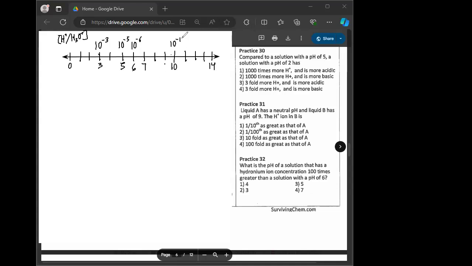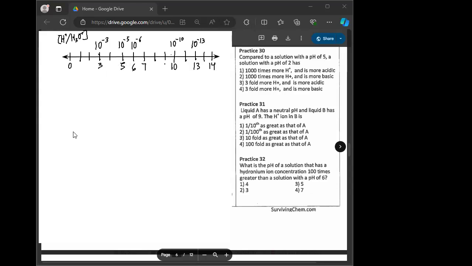A pH of 13 means 10 to the negative 13. So basically, remember that each step on the pH scale is 10 raised to that power.